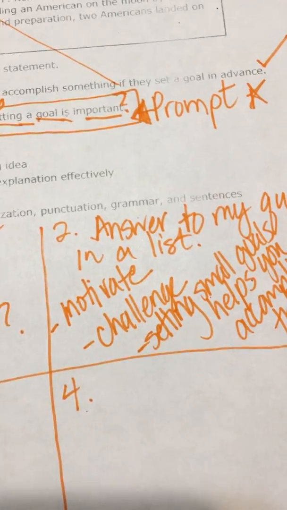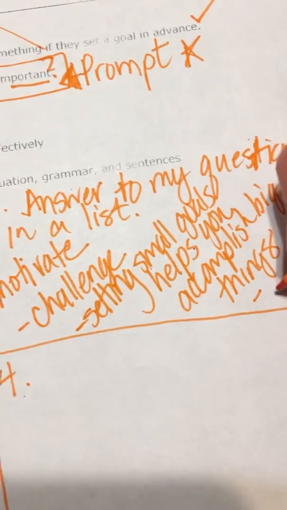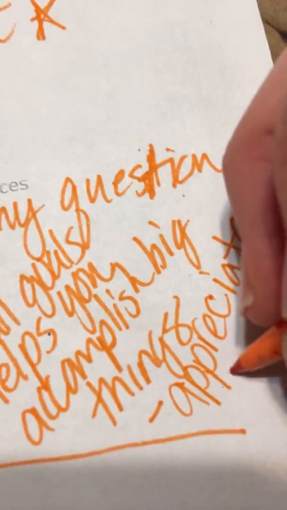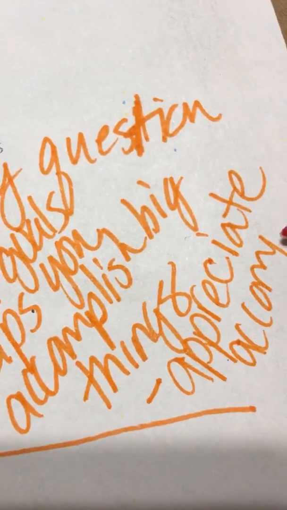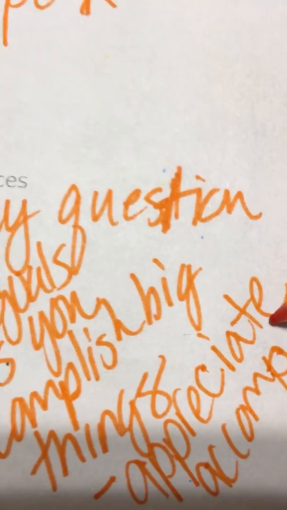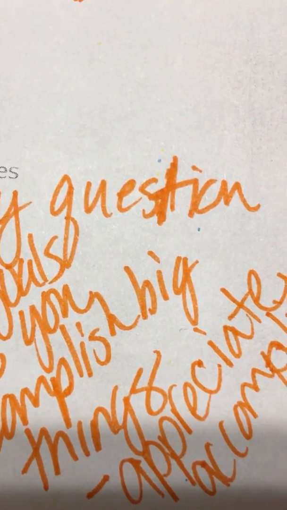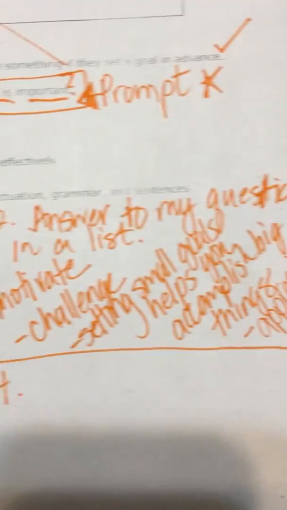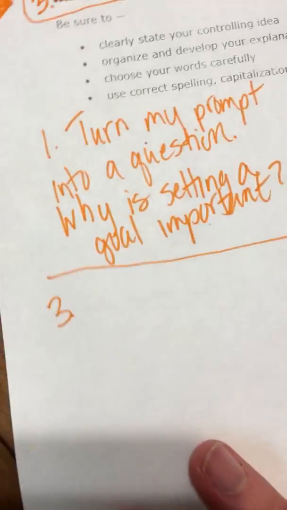And I'm going to think that setting a goal can help you appreciate accomplishments. Okay, so now I've done box 1 and I've done box 2. I've turned my prompt into a question and I've created a list of answers.